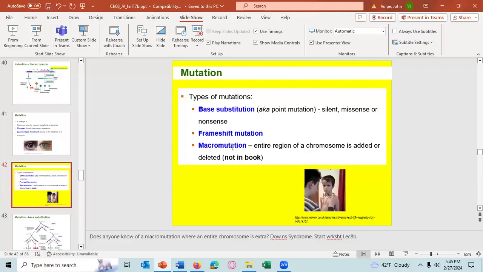And usually that'll be lethal in the embryo or fetal stage, meaning the baby will not be born. It's so lethal. But there are some, like an extra X chromosome or an X chromosome missing, or XXY individuals, or obviously Down syndrome, these individuals can be born, and these macromutations are not lethal.